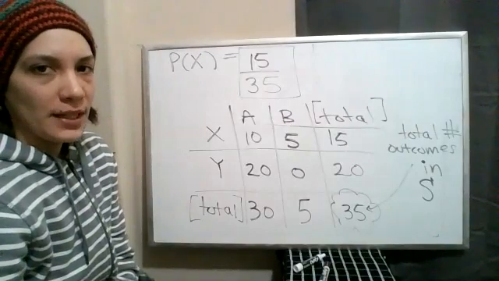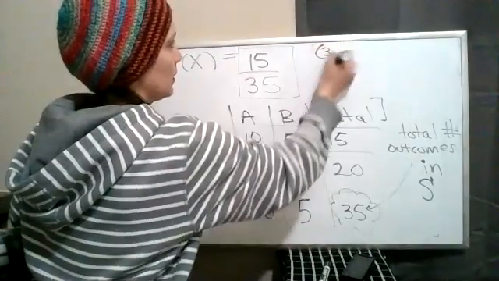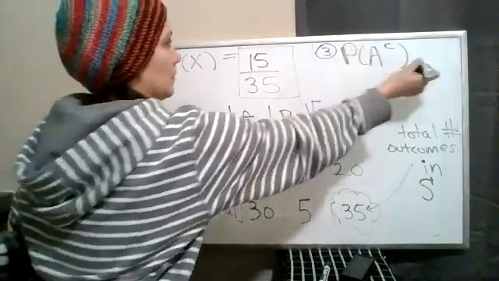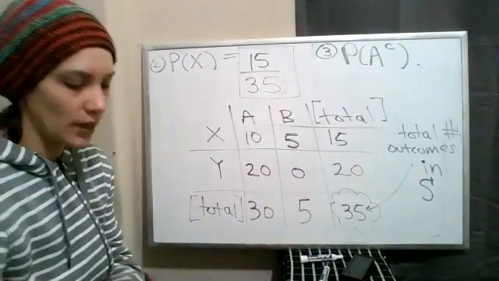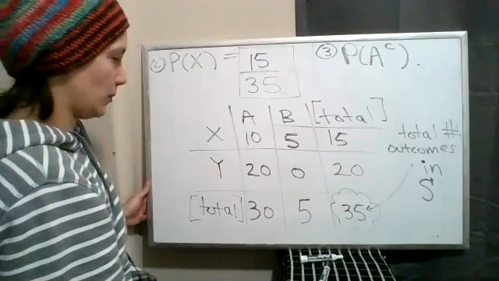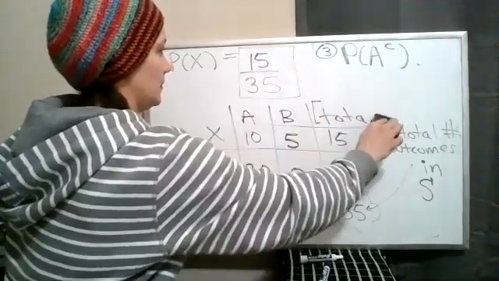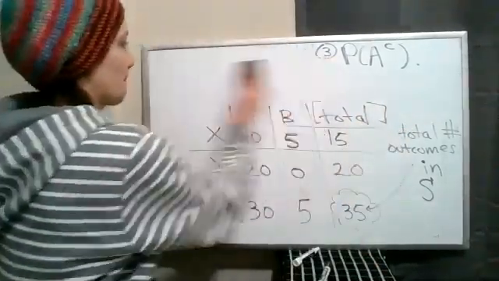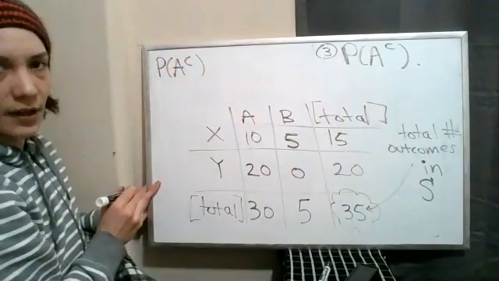We will do the probability of the complement of A. So this is number 1, this is number 2, this is number 3. And use the complement rule. So take 1, subtract probability of A. Okay.